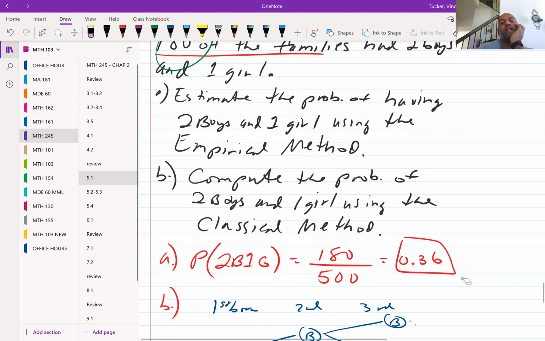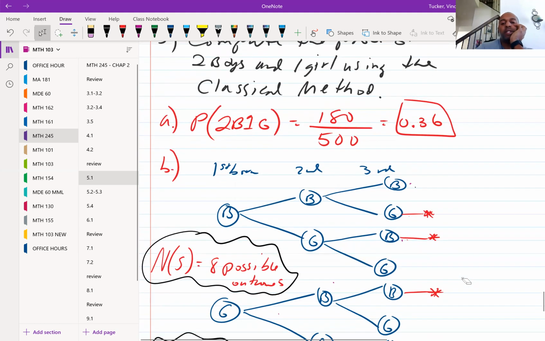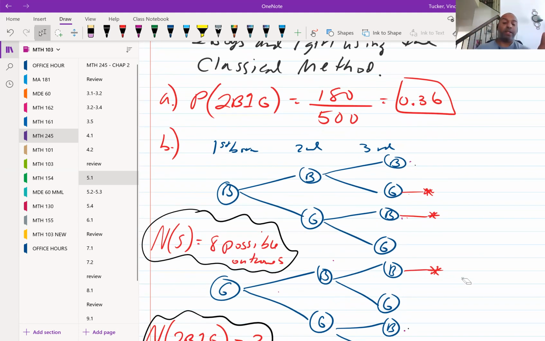All right, so B, the classical method. So what we're gonna do is perform a tree in order to figure out theoretically how many total outcomes can occur. So we talk about firstborn, secondborn, thirdborn. When it comes to firstborn, there are 2 options. First, we start off with the option of having a boy first.